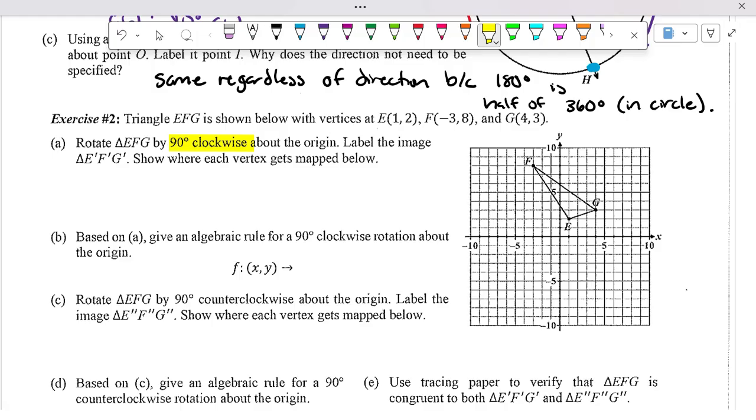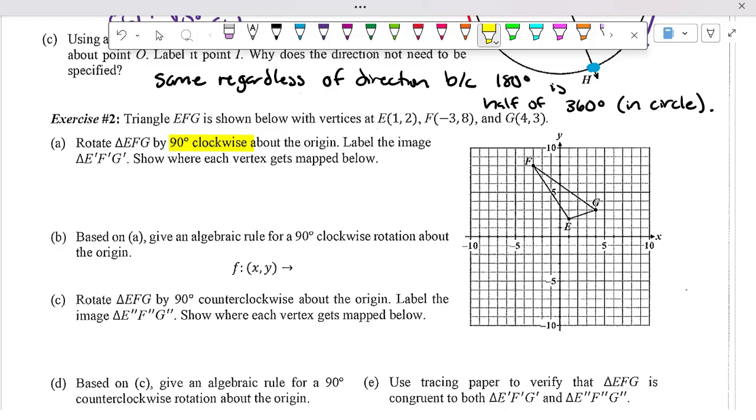And then you're going to move the paper, holding it down at the origin, until it's 90 degrees. All right. Now, mine is not perfect, but yours should be, because you have a square. All right. So again, line it up. Put your finger on the origin and then move it 90 degrees until your paper is leveled out again. All right. And again, mine is not perfect, but yours should be.